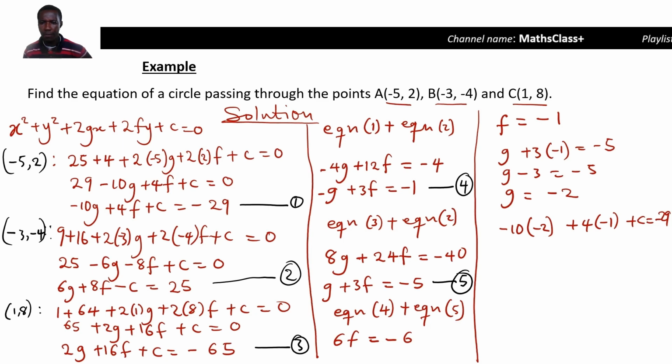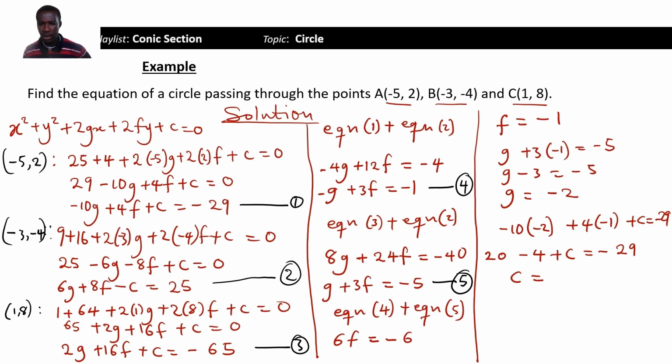So I have positive 20 minus 4 plus c is equal to negative 29. Here it becomes 16. So c will be equal to negative 29 minus 16. That will be negative 45.